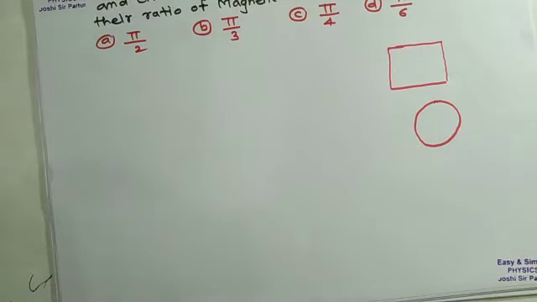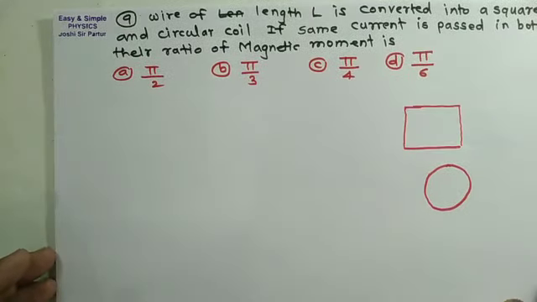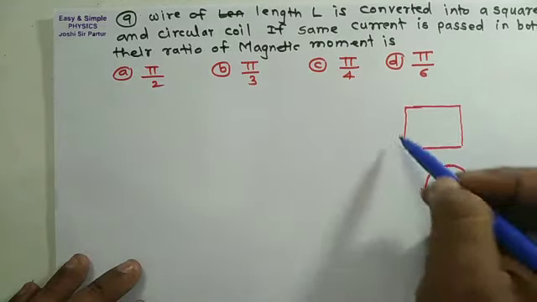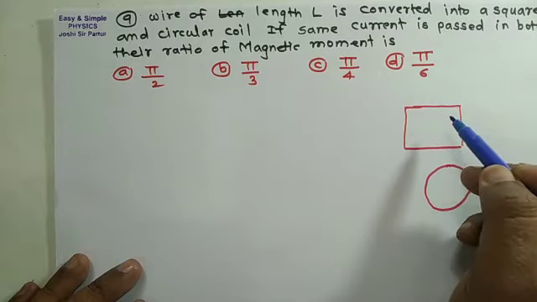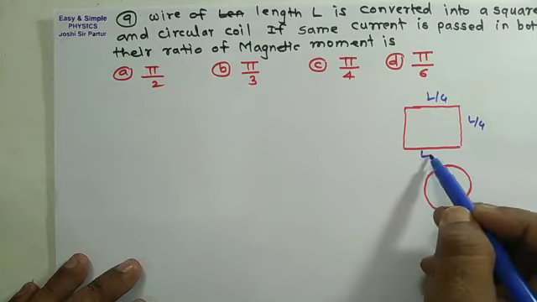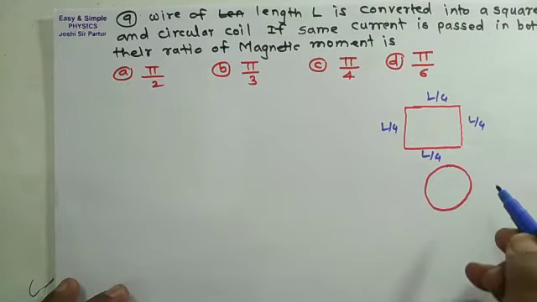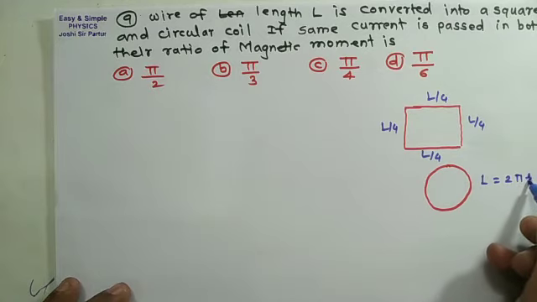If the same current is passed in both wires, find the ratio of their magnetic moments. So the length is converted into a square, so each side becomes L upon 4. And for the circular coil having length L, L is equal to twice pi r.